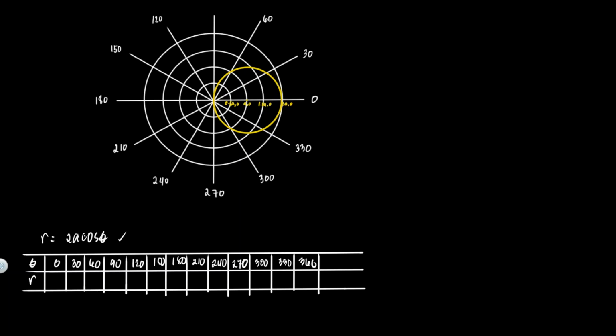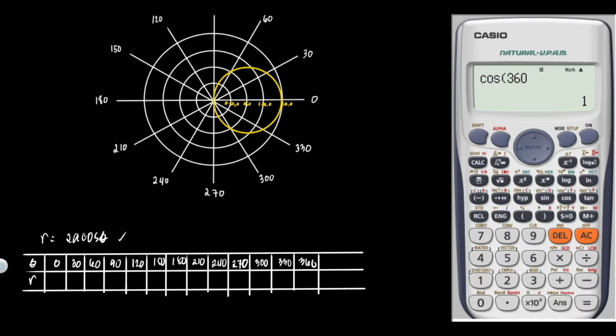Okay? So, gamit tayo ng calcu dito. So, labas natin yung ating calculator. So, what is cosine of 0 times 2? So, we have here 2a. Okay, 2a. And what is cosine of 30 times 2?